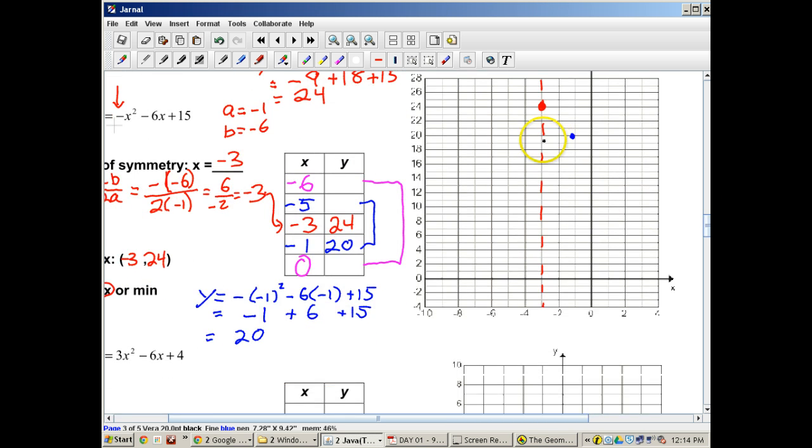And I know, because this is 2 from the axis of symmetry, there's another point that's 2 on the other side. So that's negative 5. I need the up one, don't I? Exactly across.